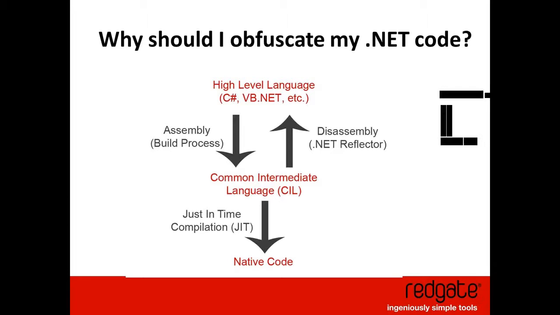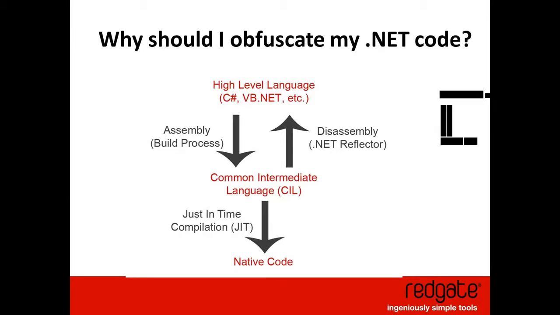And just a quick preview on why you should consider obfuscating your .NET code. When compiling an application in the .NET framework, the source code you write, whether in C# or VB.NET, gets compiled into the intermediate language or IL.